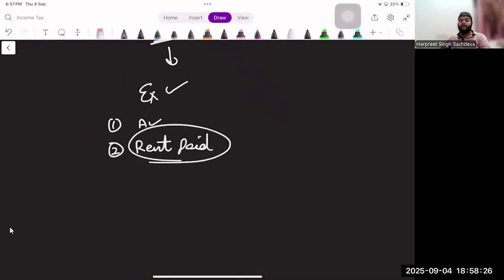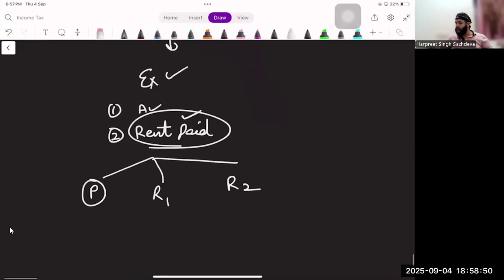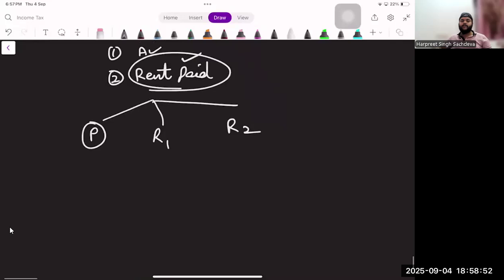Now your rent paid depends whether you are living the full year in that rented house, or you are living for a part of the year in that rented house, or you are living in multiple rented houses in the year. First of all, you were living in the personal house, then you were living in rented house 1, then you were living in rented house 2. Means if rent will change, your calculation will have to be split into various parts of the year.